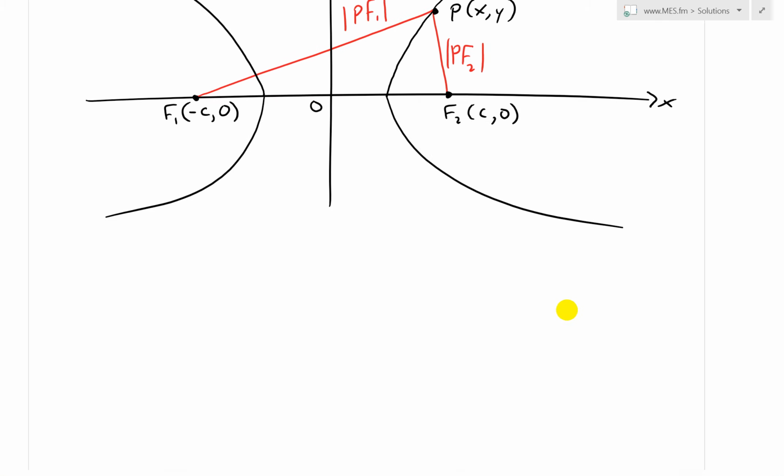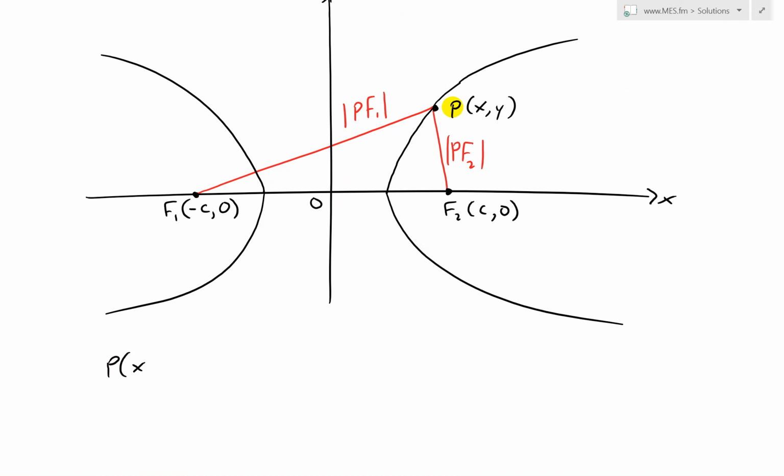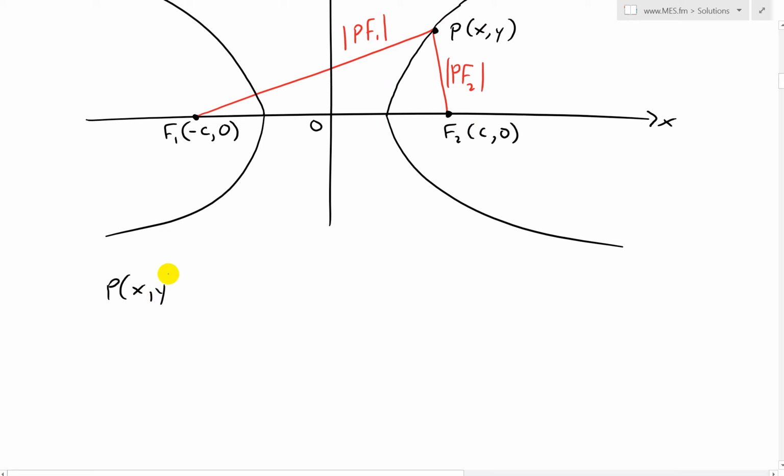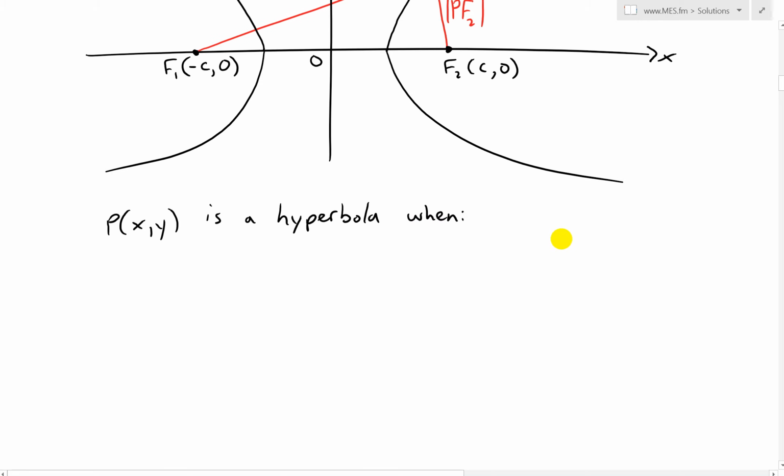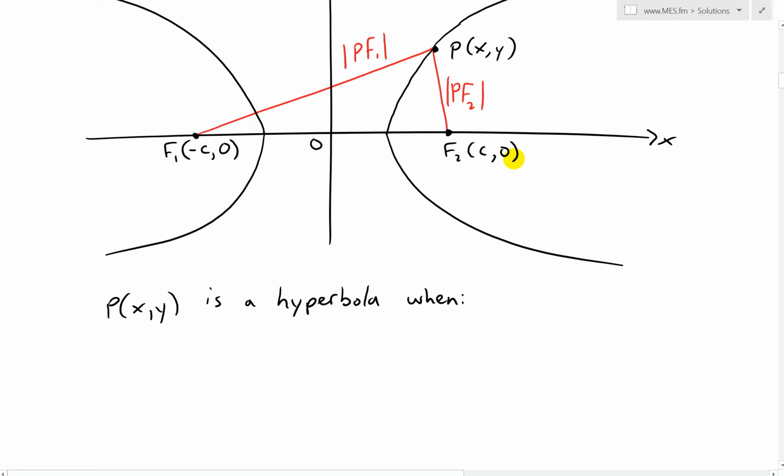And basically we could write p of x, y, if we make it more general, as the set of all points on these curves. So p of x, y is on a hyperbola when, by definition, the difference between these two distances is constant.